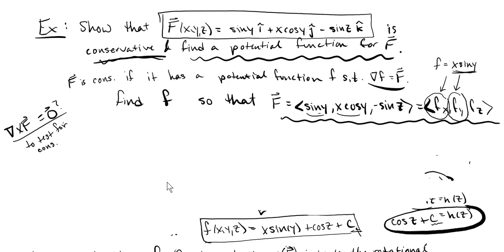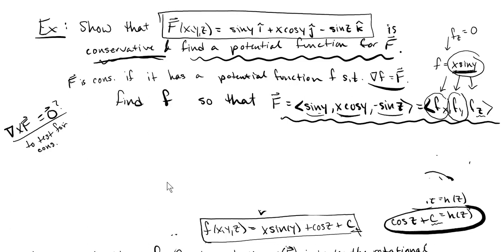So I differentiate this up here with respect to y, and I say, yeah, this does work out. The partial with respect to y is x cosine y, so I must be on the right track. Then I test it against the last component. I say the partial of this with respect to z has to equal negative sine z. And I test that out, and I find the partial of this guy with respect to z is 0.